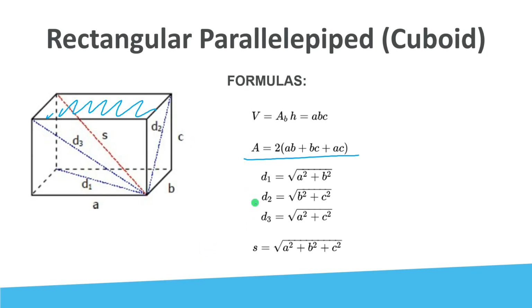And we have the diagonals. You can compute that using this formula or just use again the principles of the Pythagorean theorem. And we have here the space diagonals. So the same solution applies. Actually, we need not memorize these formulas as long as we know how to use the Pythagorean theorem in computing the diagonals.